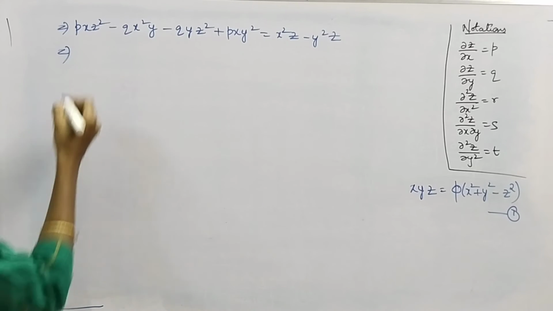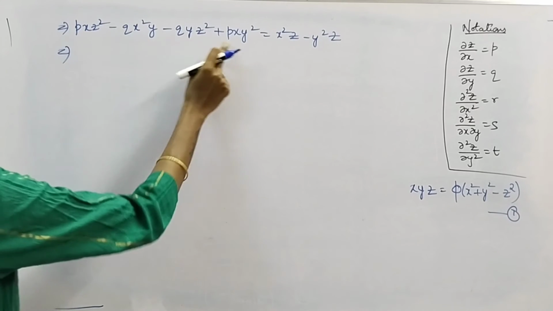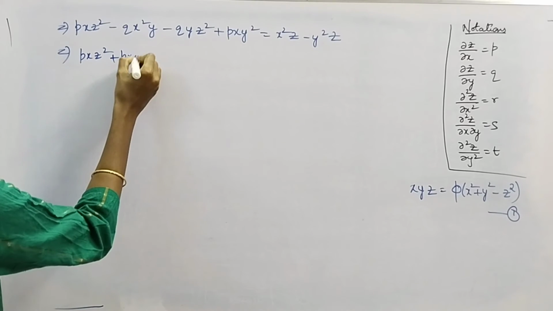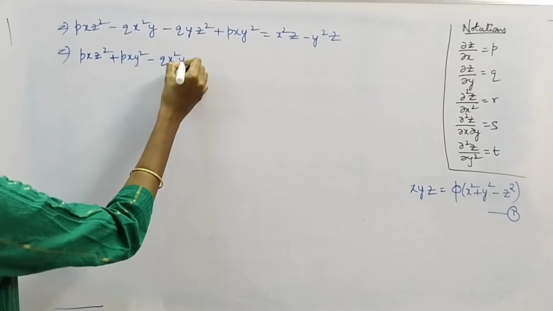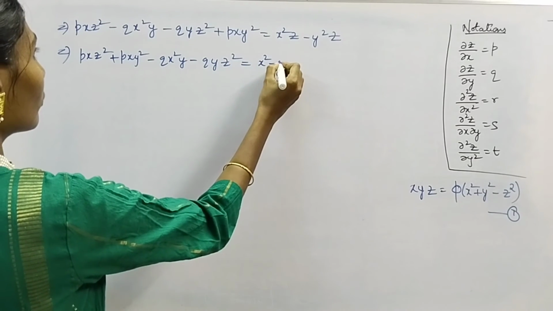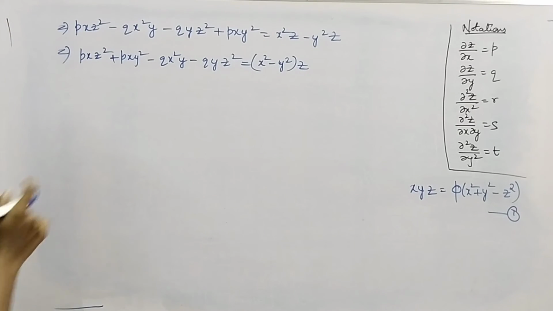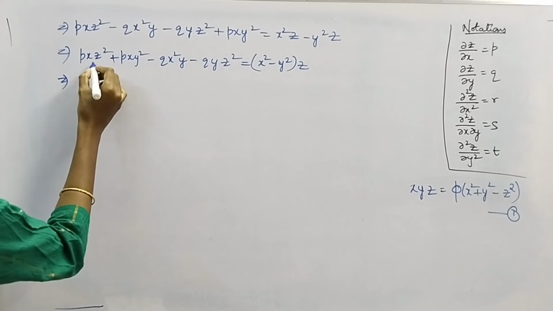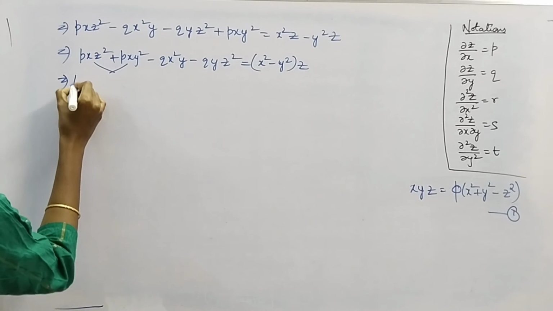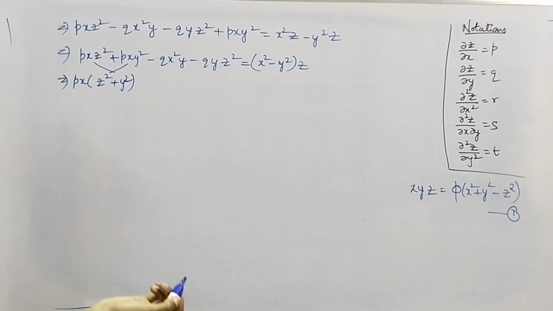Now I'll write the terms involving px first: pxz square plus pxy square. Now write the terms involving q. Take z common from the two terms of RHS. Now you can take px common, since px exists in both the terms. We'll get px times z square plus y square, or you can write it as y square plus z square.